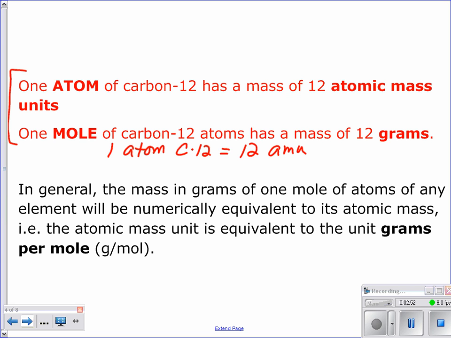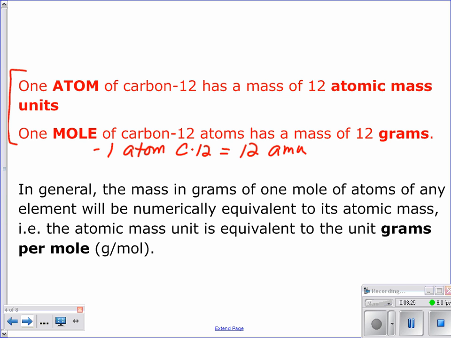We actually looked at that back in Unit 3 when we talked about where the mass of a proton came from, and we talked about it coming from carbon-12. Well, you have 12 protons in carbon-12. I'm sorry, that's completely incorrect. You have 6 protons in carbon-12 plus 6 neutrons in carbon-12. So you have a total of 12 nuclear particles, and they have 12 atomic mass units.